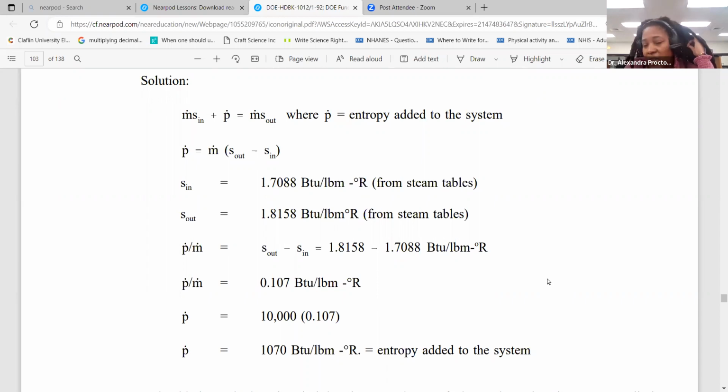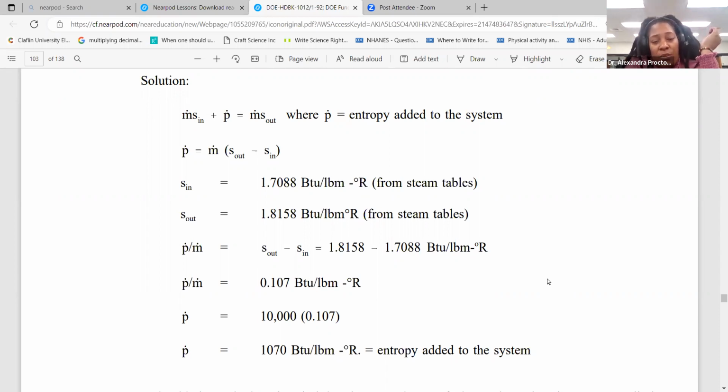s_out is 1.8158 BTU per pound mass degree Rankine from steam tables. And P divided by m is equal to s_out minus s_in. So when they subtract those two values, P divided by m is equal to 0.107 BTU per pound mass degree Rankine.